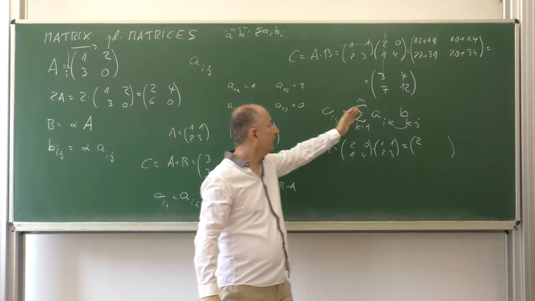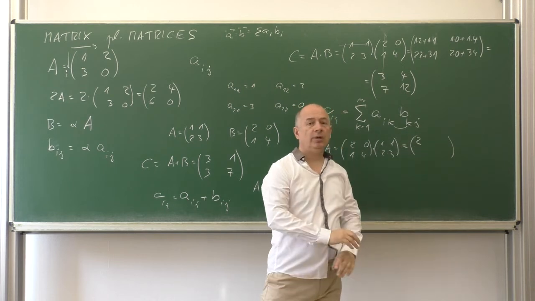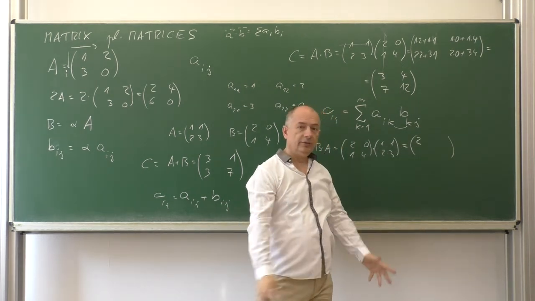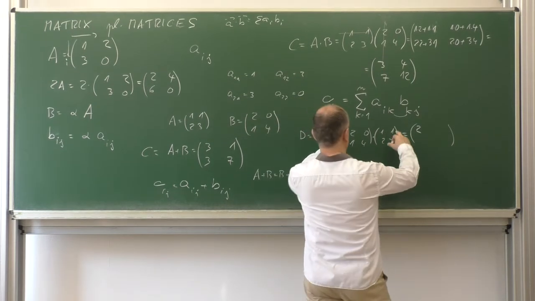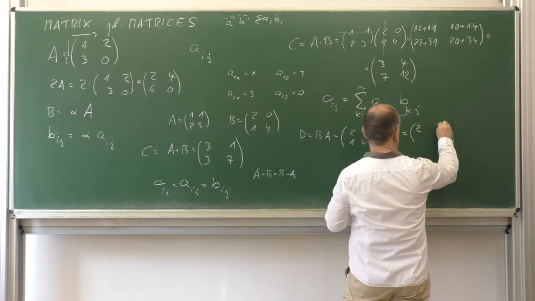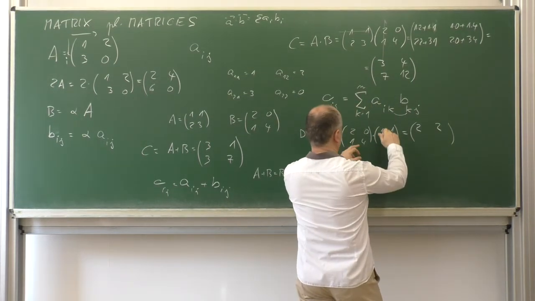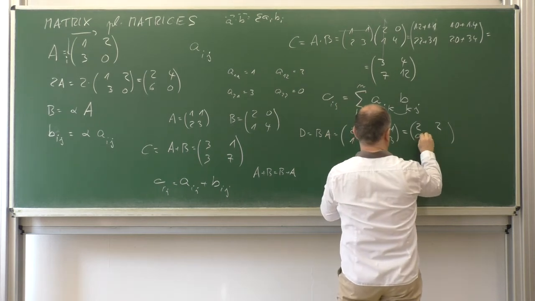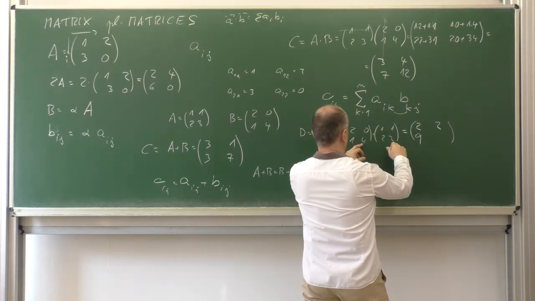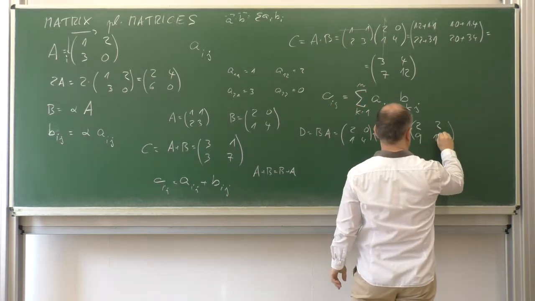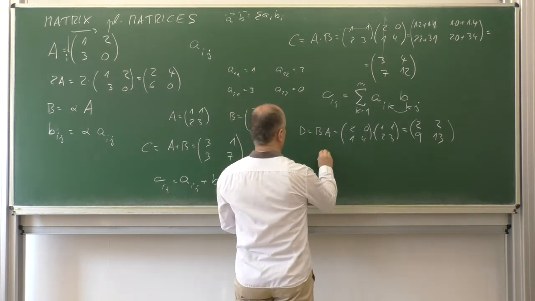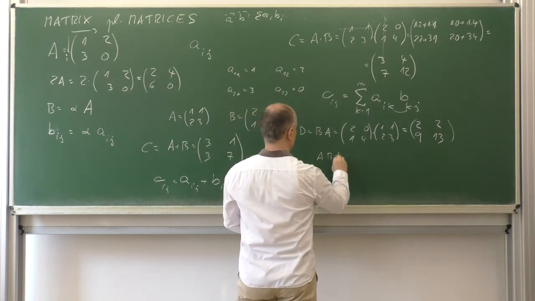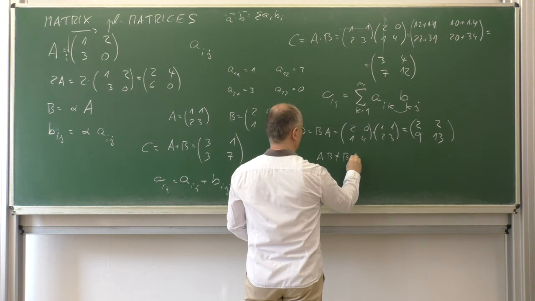So completely independent of what the remaining results are, we get different results. But let me complete this. 2 plus 0 is 2. 1 plus 8 is 9, and 1 plus 12 is 13. So we see that AB is not BA.